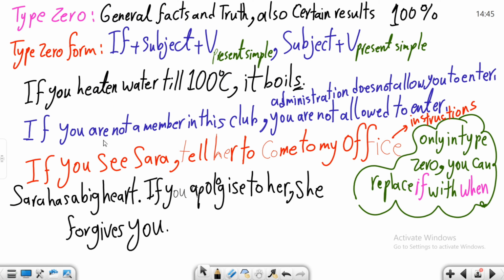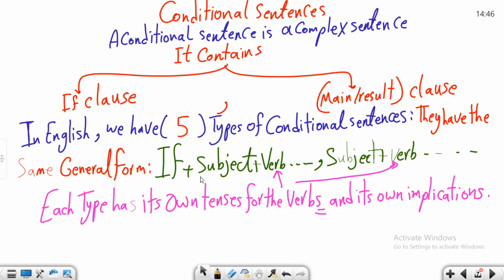Let's start with the first type. Generally, we start counting from 1, but illogically, and then after that we are going to see that there is some logic in this numeration, we are going to start here from type 0, not from type 1. So we have 5 types of conditional sentences.